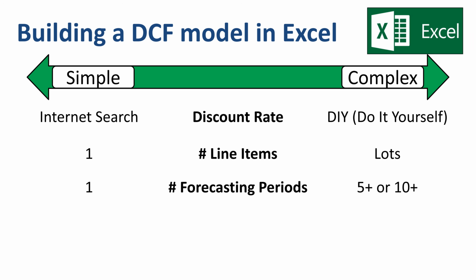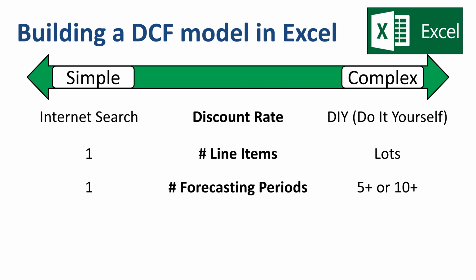Here's the section most of you have been waiting for. Let's build a DCF model in Excel. Remember, you always have a choice. Choose a level of complexity that is manageable for you to build a discounted cash flow model. I'm not going all out by forecasting a full P&L, a full balance sheet and a full cash flow statement, but instead I just focus on the P&L and the first part of the cash flow statement until the free cash flow line.